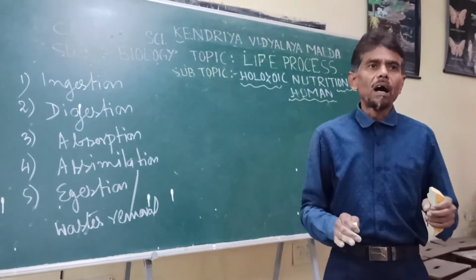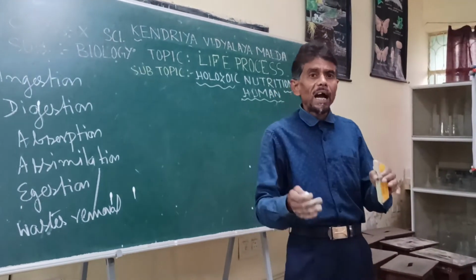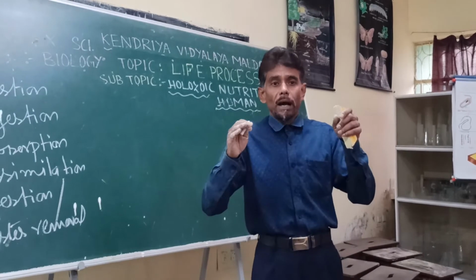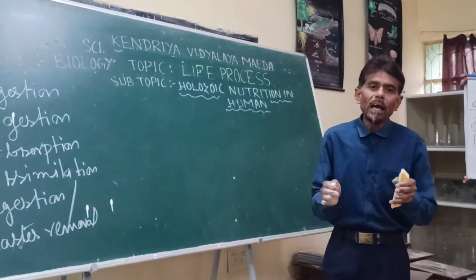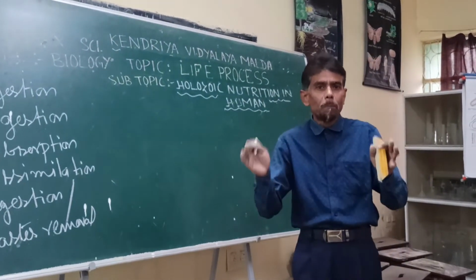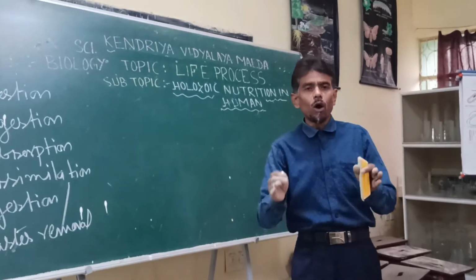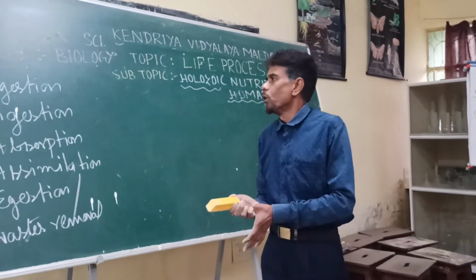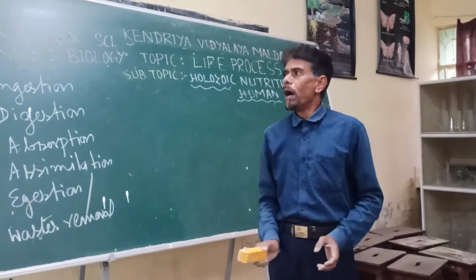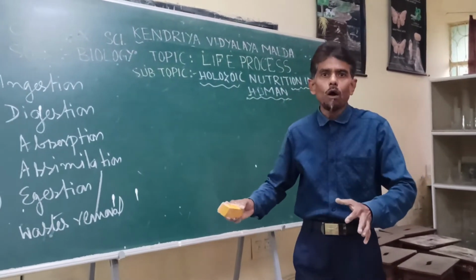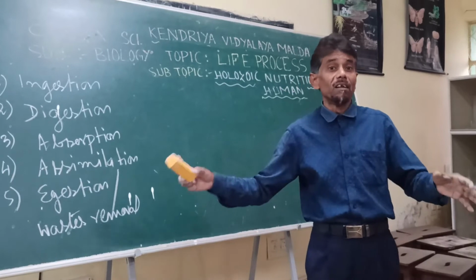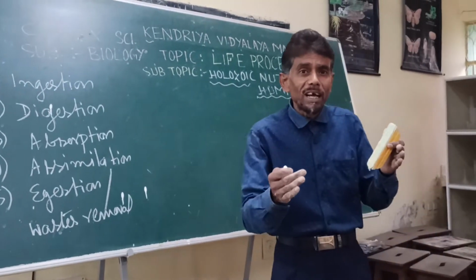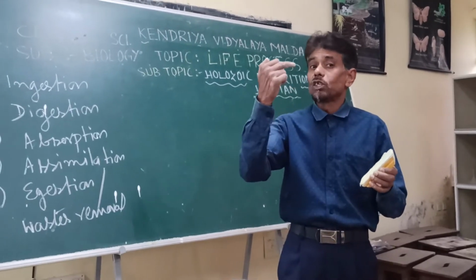Human beings are very highly developed multicellular animals where we have specialized parts for doing all this specialized set of functions. So, if I show you an overall structure of the human alimentary canal, it starts from the mouth cavity.